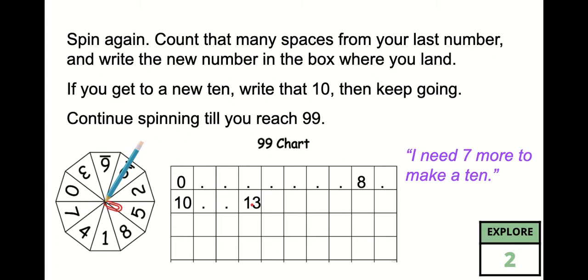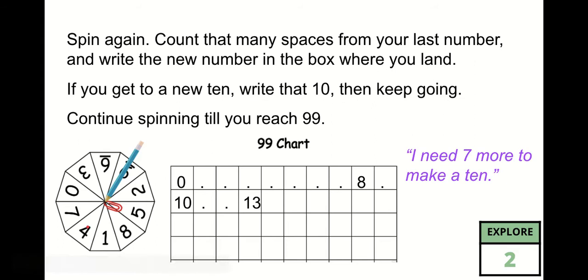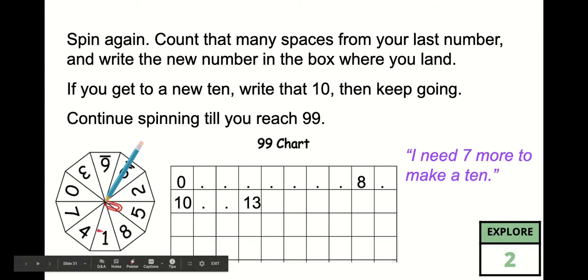Another thing you can do is spin it twice and add that number together to see where you go from 13. So if we spun it twice and got 1 and 4, we could add 1 plus 4 to get 5.